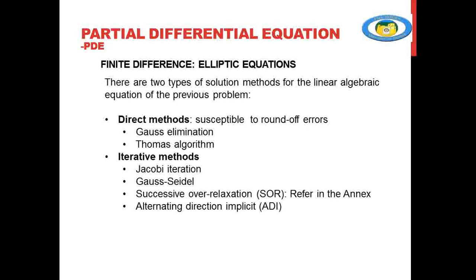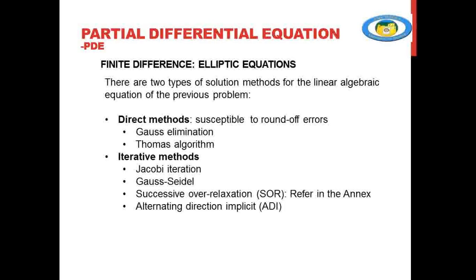You may either use direct methods like Gauss elimination and Thomas algorithms. These are relatively easier methods which you know from your numerical courses, but these are susceptible to round-off errors. Or you may use iterative methods like Jacobi iteration, Gauss-Seidel iteration, successive over relaxation or SOR method, or alternating direction implicit technique. But most of these techniques, I hope you have learned in your numerical courses.